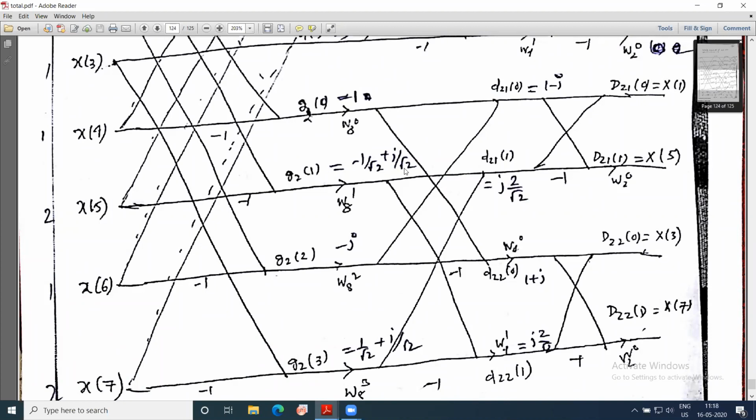If this is added with negative multiplication, the j terms will cancel. So it will be minus of 2 by root 2, right? Then if it's multiplied by W4 of minus j, it will be j times 2 by root 2.